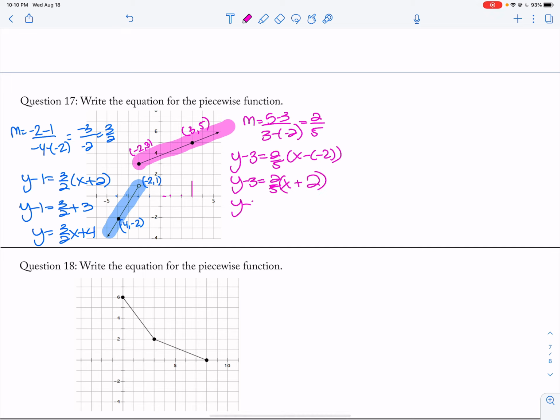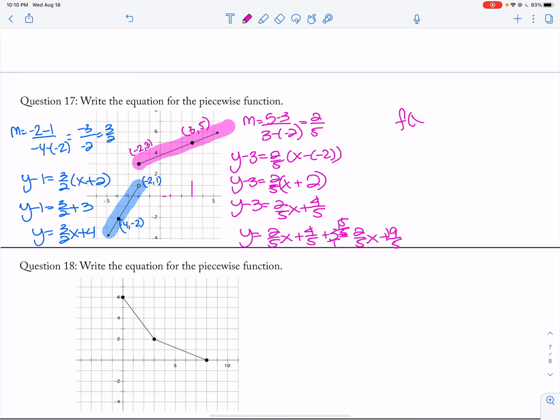And then y minus 3 is equal to 2/5 x plus 4/5. Then I add 3 to both sides, so I get 2/5 x plus 4/5 plus 3, and 3 is the same thing as 15/5. So that gives me plus 19 over 5.